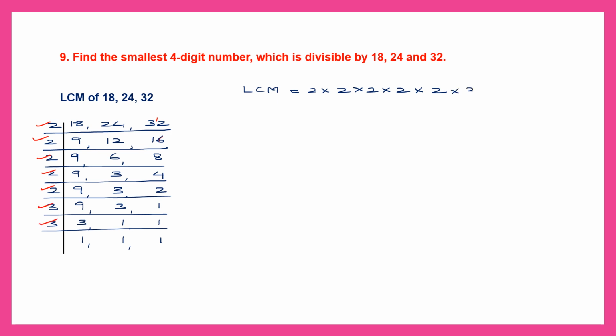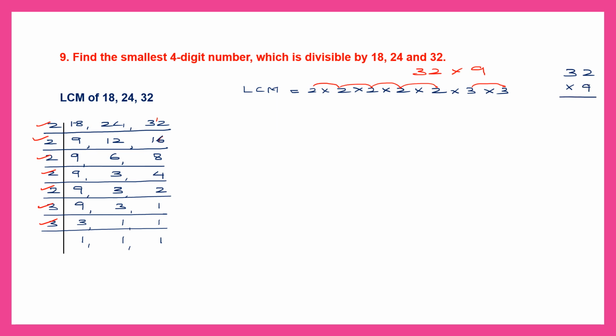Now let's multiply. 2 2's are 4, 4 2's are 8, 8 2's are 16, 16 2's are 32. 32 into 3 3's are 9. So I grouped all the 2's and got 32. Then I grouped the 3's and I got 9. This is to make our multiplication easier.